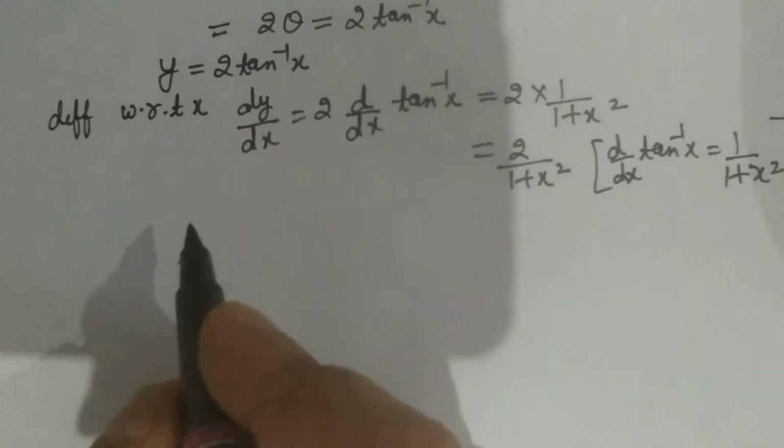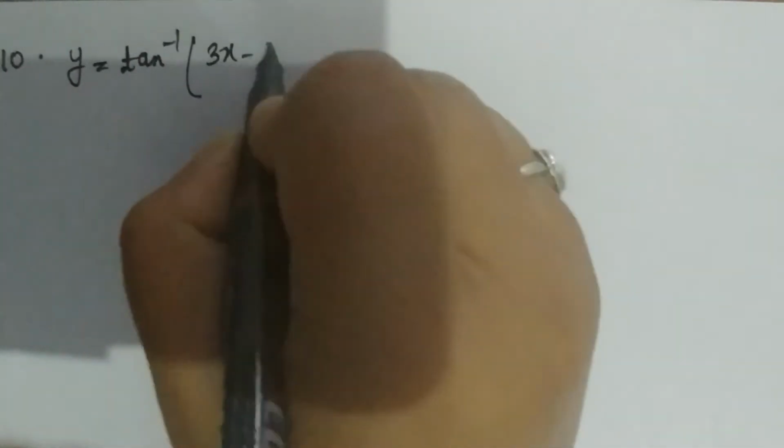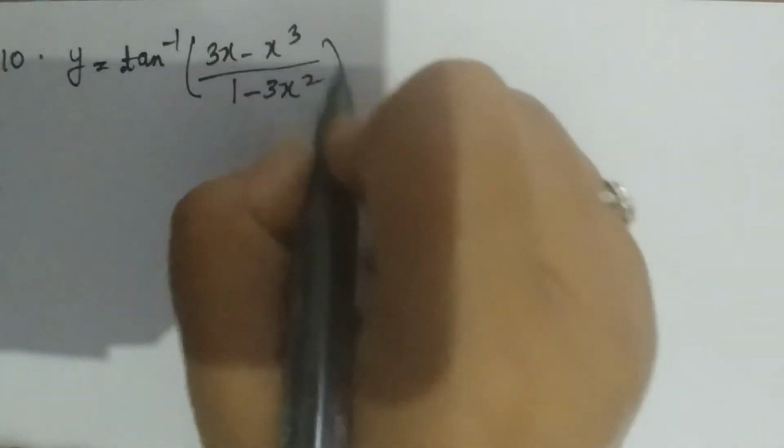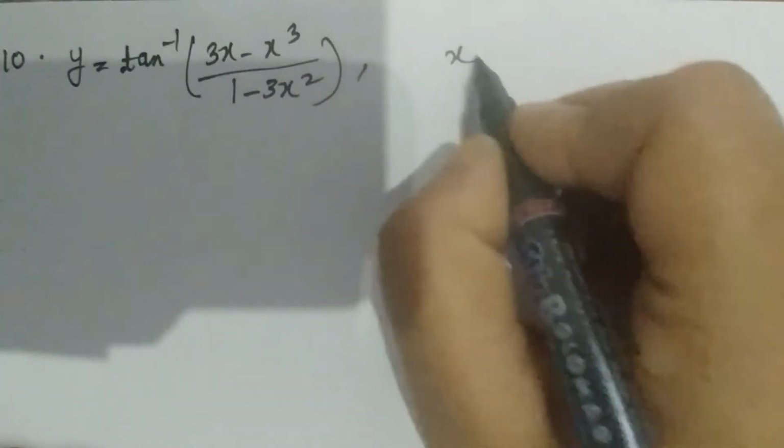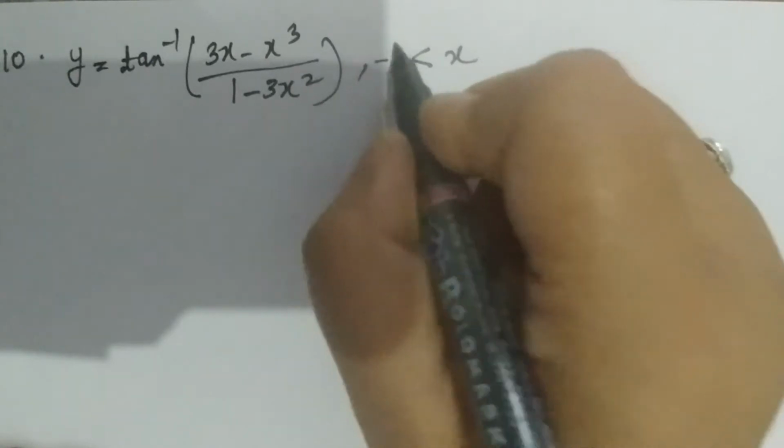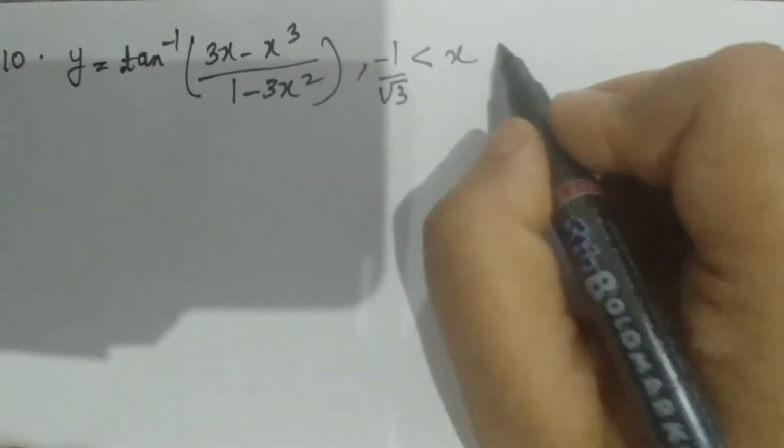Let us also see question 10 of your NCERT: find dy by dx if y is equal to tan inverse of 3x minus x cube upon 1 minus 3x square, and x is lying between minus 1 by root 3 and 1 by root 3.